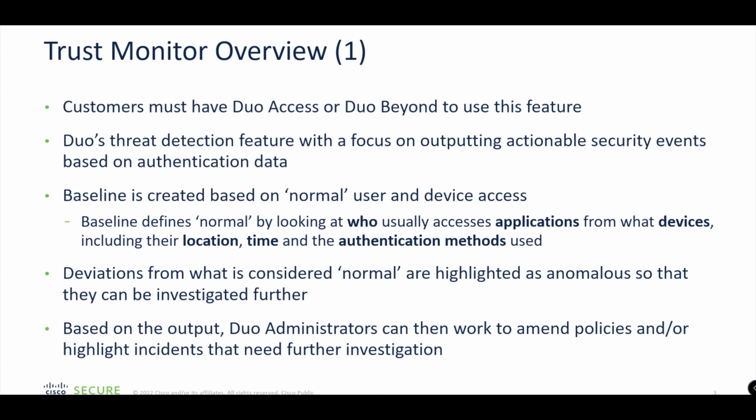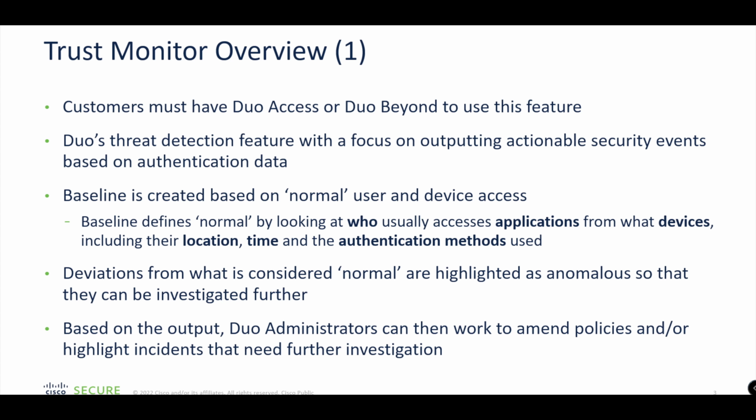Once Trust Monitor has a picture of the authentication data and what is considered to be normal in your environment, Trust Monitor is going to look at deviations from that normal behavior and then highlight those deviations as anomalous so that they can be investigated further by the Duo administrators or security teams.